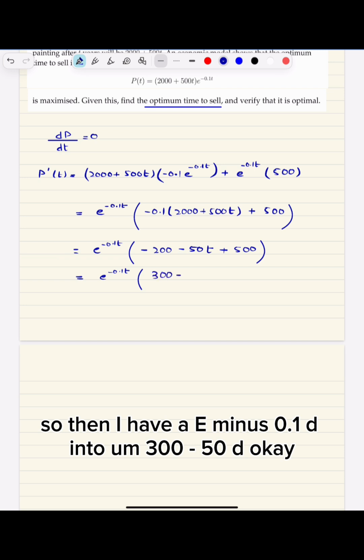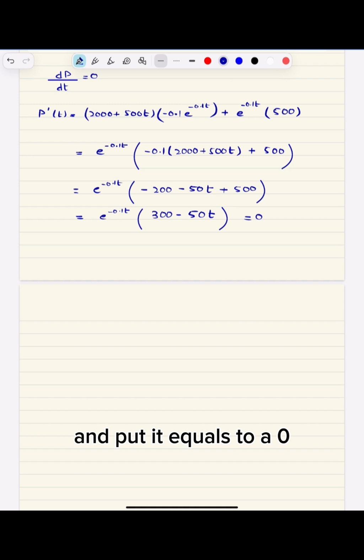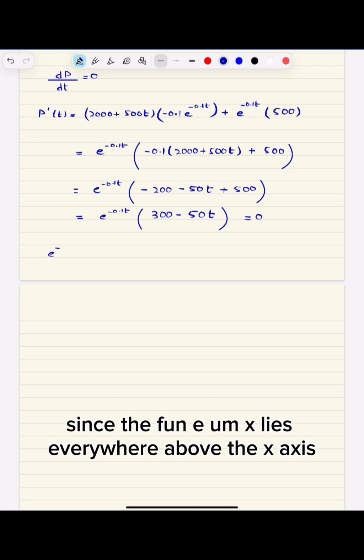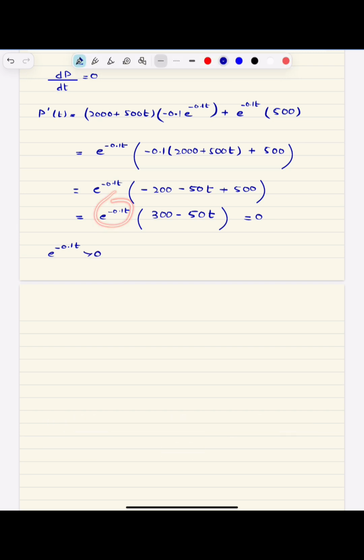300 minus 50T. Remember, we need to put the first derivative equal to 0. Since the exponential lies everywhere above the x-axis, it cannot be equal to 0.